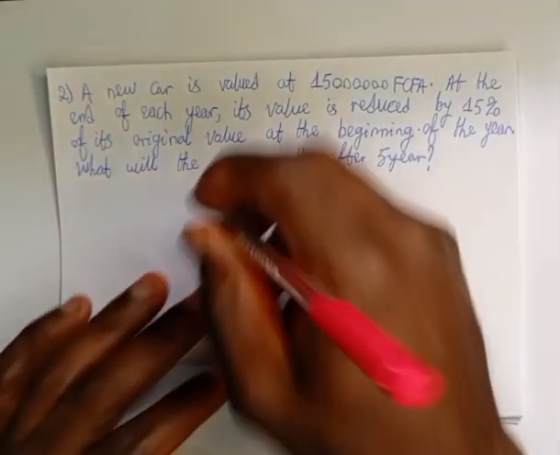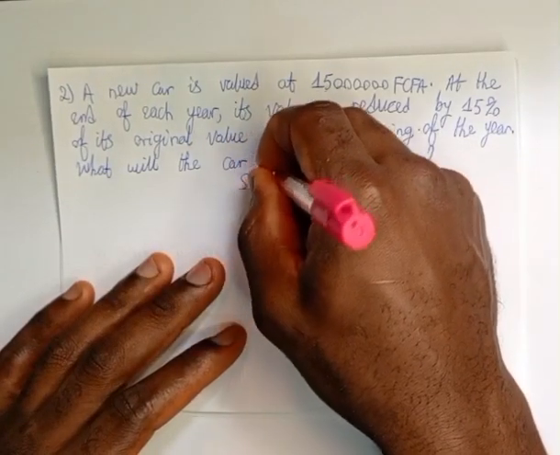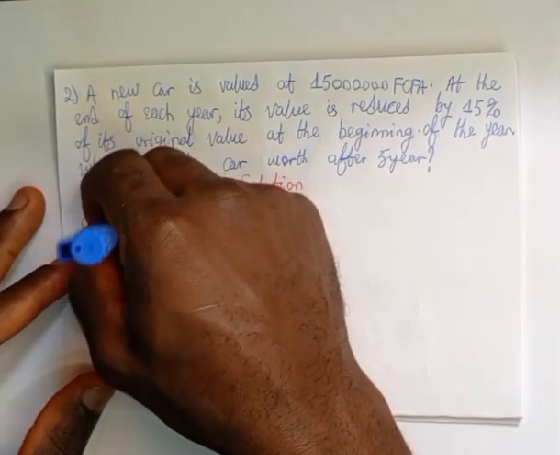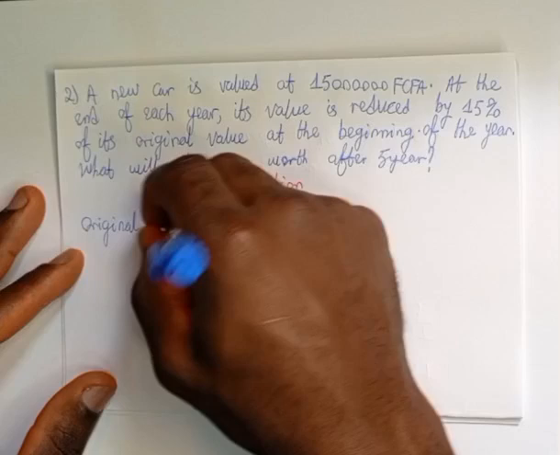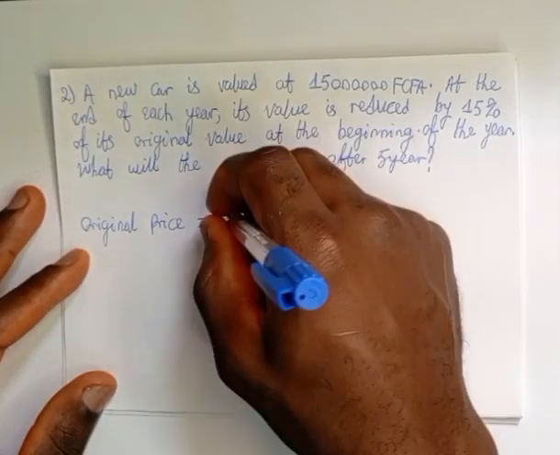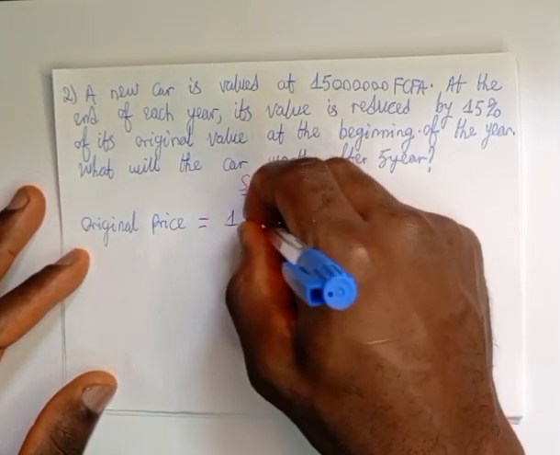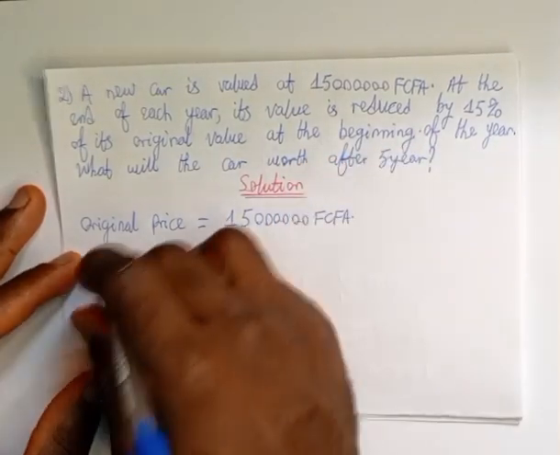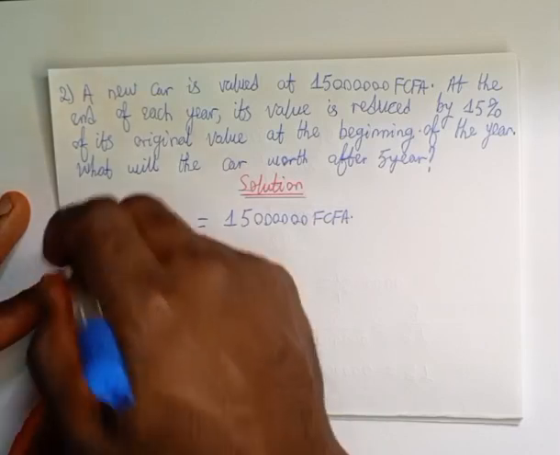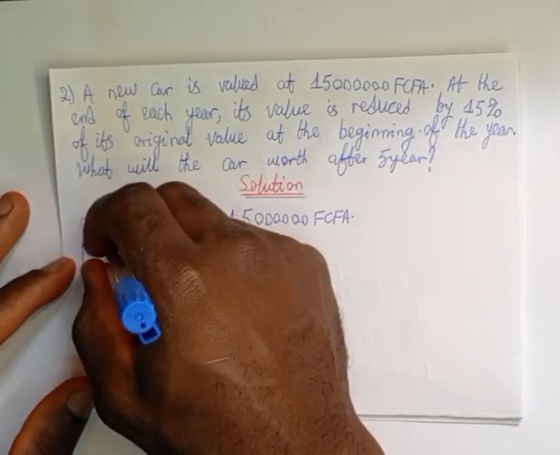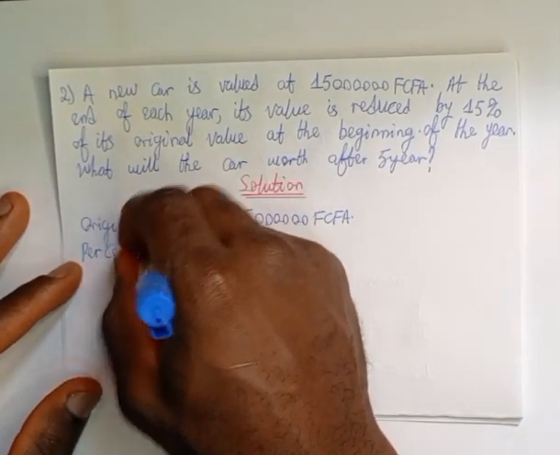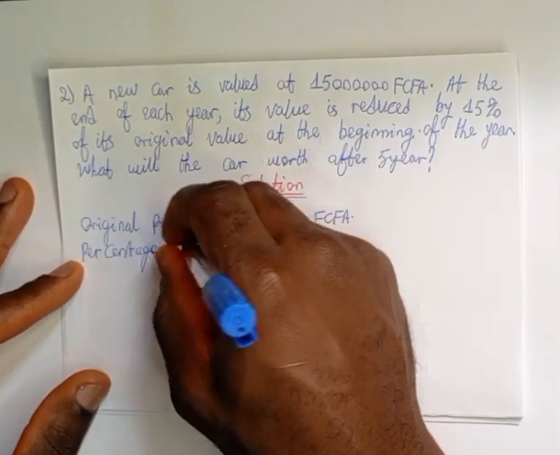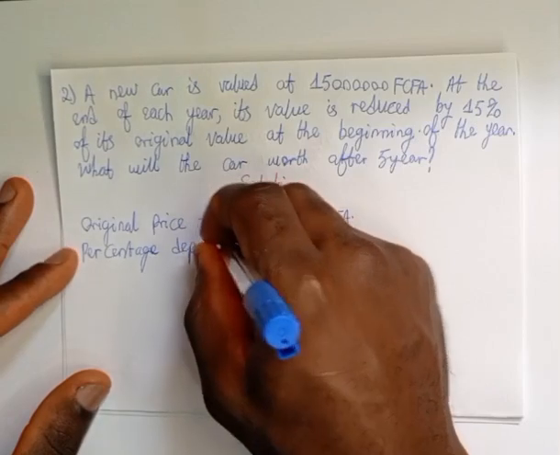Take solution. First, we are going to write down the original price of the car, which is the price of the car at the beginning of the year. It is 15 million francs CFA. We have the percentage depreciation, the loss in value.